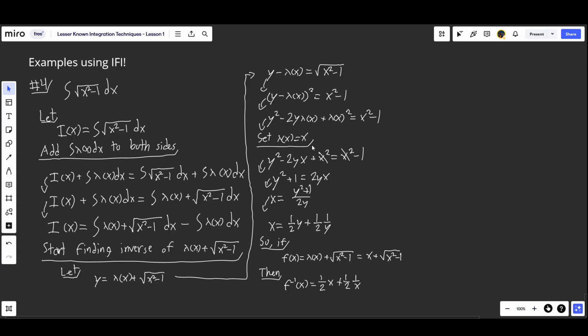When we make this substitution and solve for x, we'll see that x is equal to 1 over 2 times y plus 1 over 2 times 1 over y. And then if we allow f of x to be equal to this integrand, then its inverse will be 1 over 2 times x plus 1 over 2 times 1 over x.